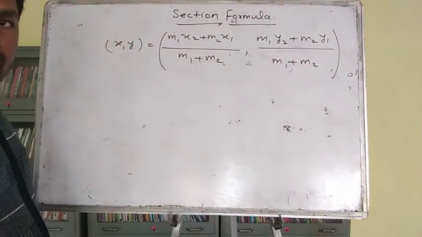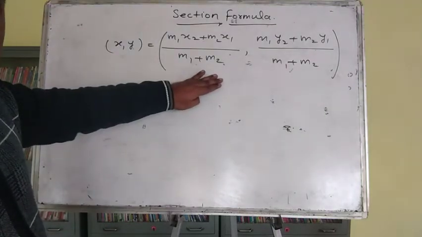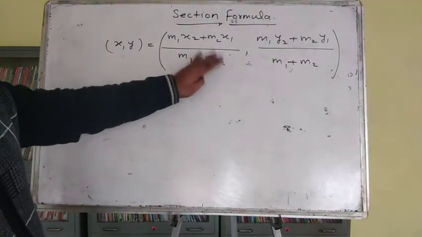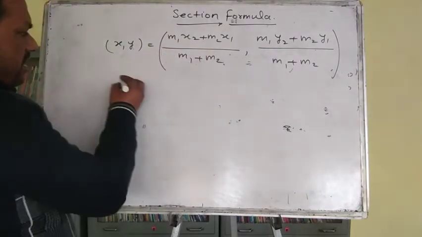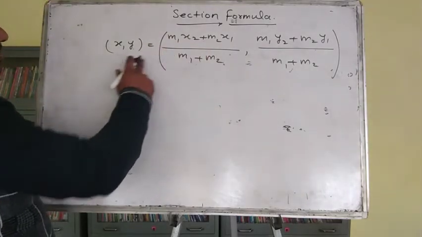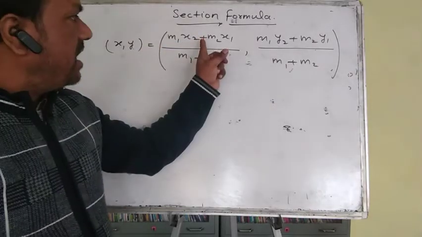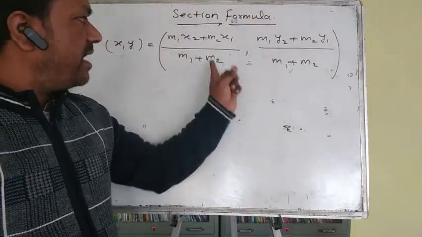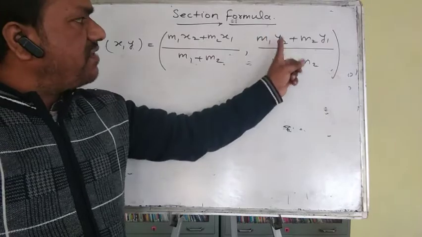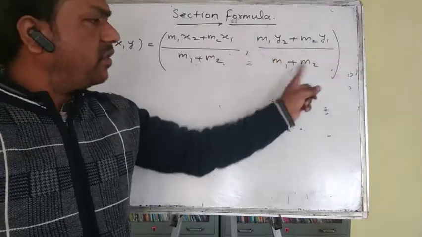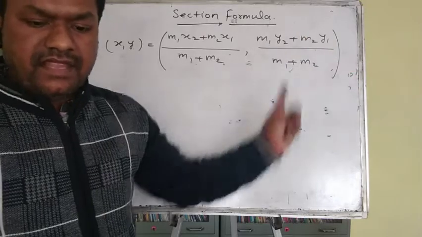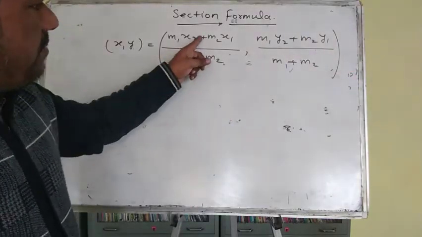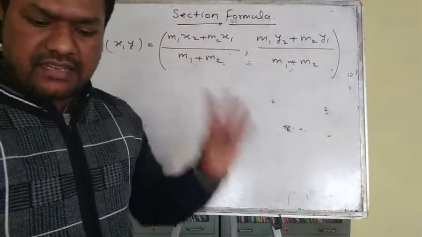This is the section formula for internal division. If externally, then x comma y is equal to (m1 x2 minus m2 x1) upon (m1 minus m2), comma (m1 y2 minus m2 y1) upon (m1 minus m2). If externally, then we will put a minus sign here.